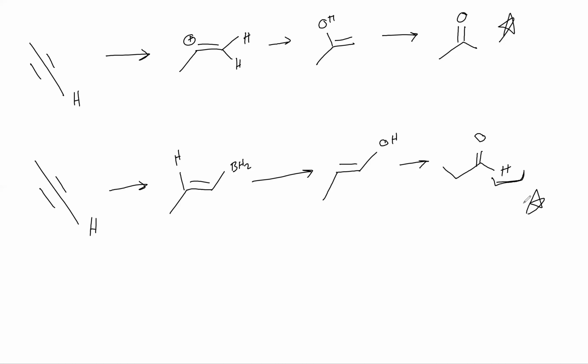Whether you're doing hydroboration oxidation or hydration using an acid, internal alkynes always end with ketones. Terminal alkynes will end up with an aldehyde if we're doing hydroboration oxidation, or a ketone if we're doing hydration using an acid.